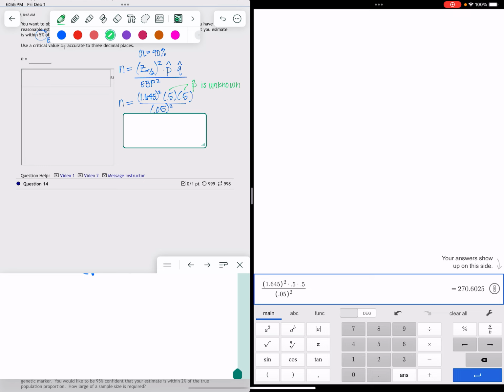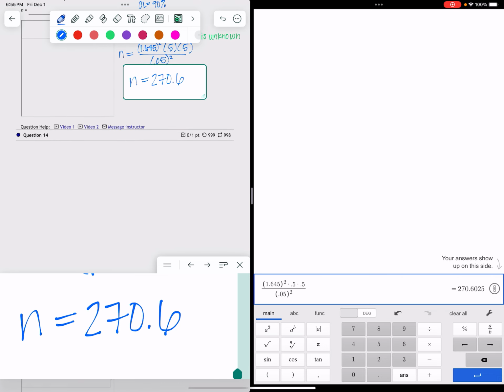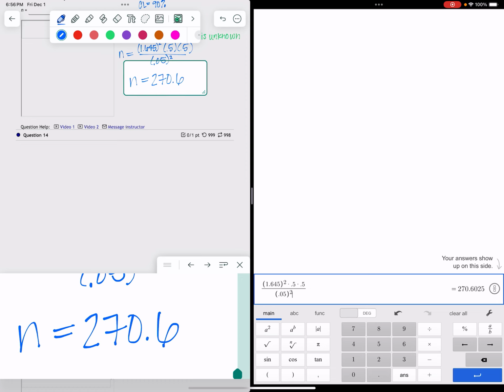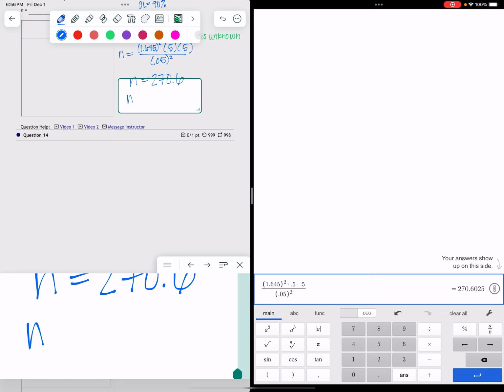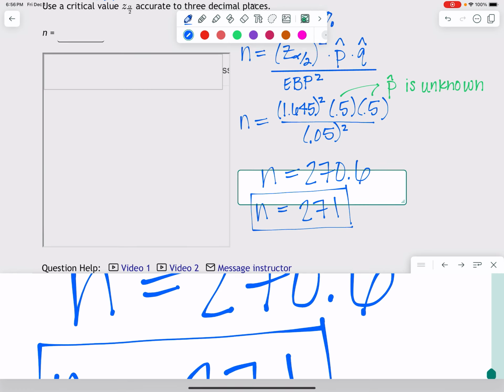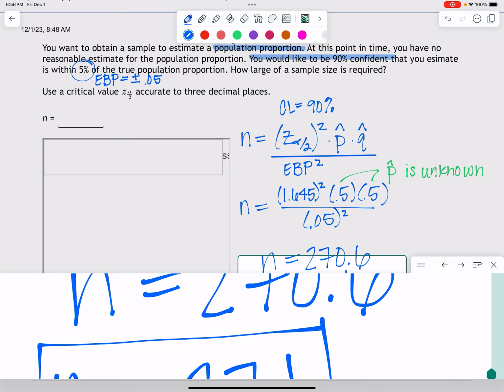So that tells me that I need a sample size of 270.6. And in your notes, it talked about how when you're calculating N, you always round up if you have a decimal. We don't want to use partial people. That's just messy. So you need a survey size or a sample size of 271 people in order to be 90% confident.